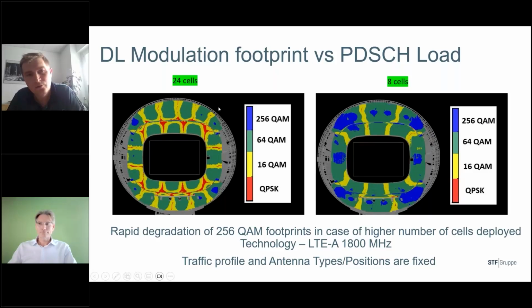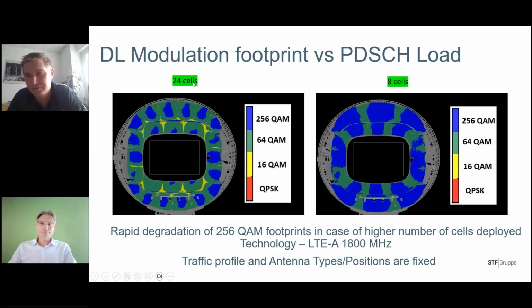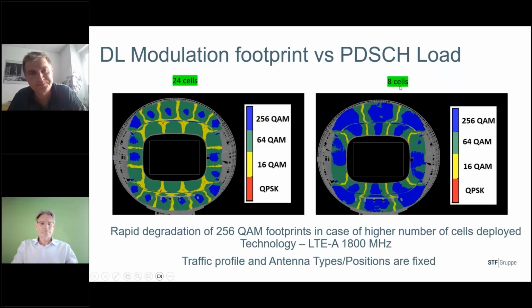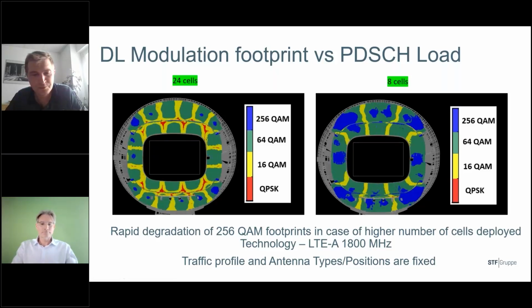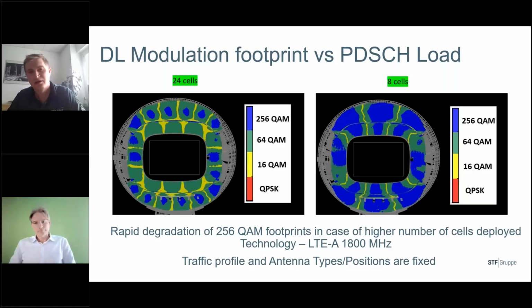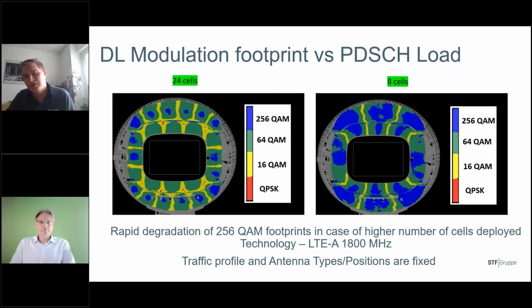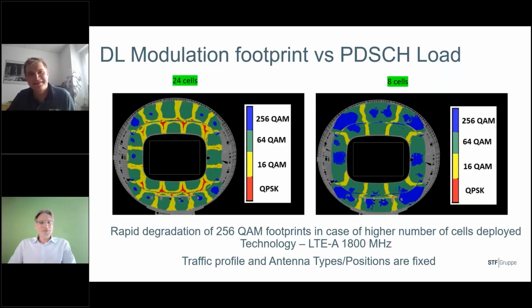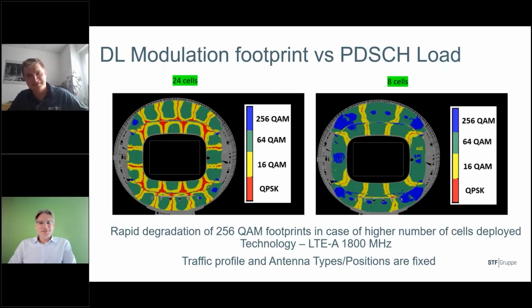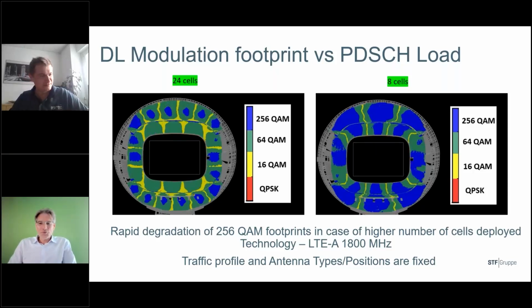So look into these design proposals. Left side 24 cells and right side 8 cells. What would you prefer, Ralph? Is it possible to conclude based on this information which design to choose? I mean, as said, the throughput at the end for the customer is the most important.